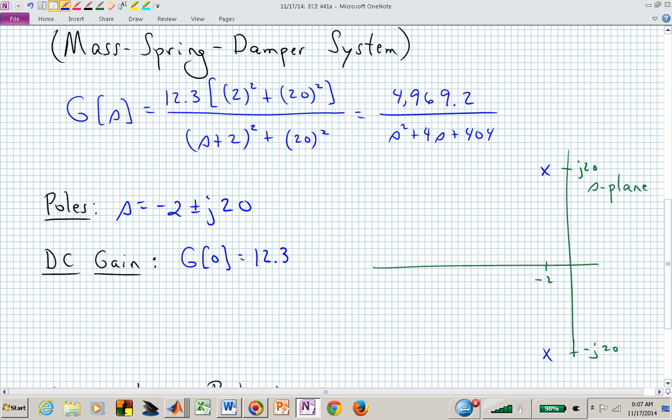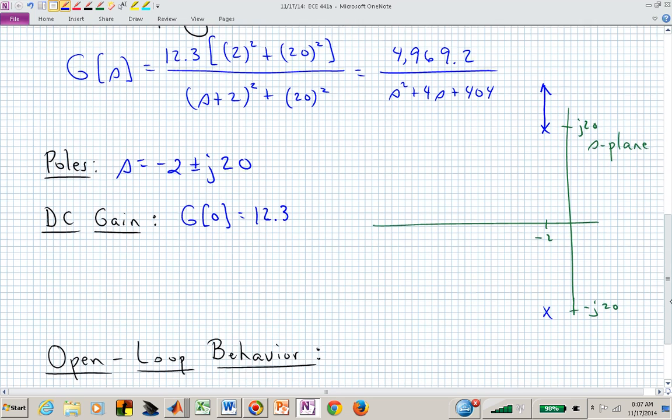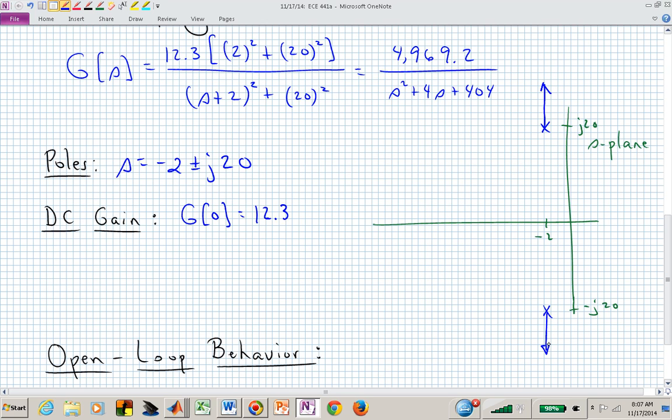The centroid of that asymptote is simply centered right in between, with the same real part as those two poles, and your root locus then would be marching off in the positive and negative vertical direction as you increase the gain k.